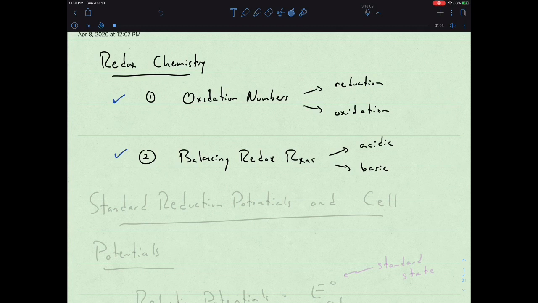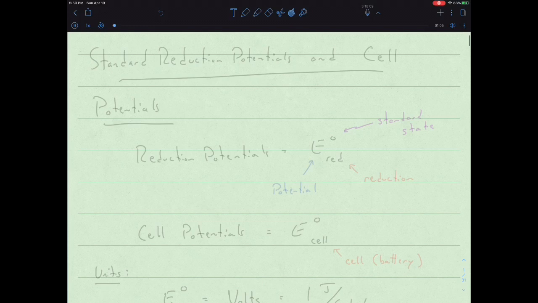And so we are getting now into the more calculational aspects as far as reduction potentials and cell potentials.